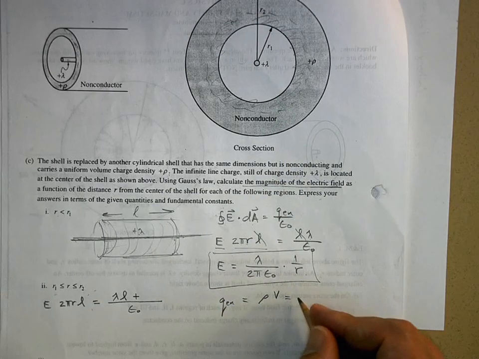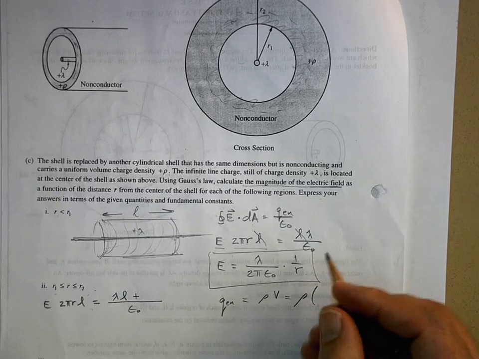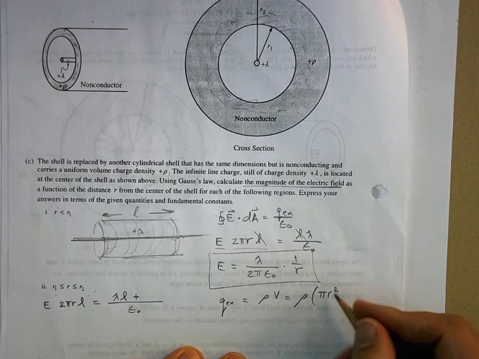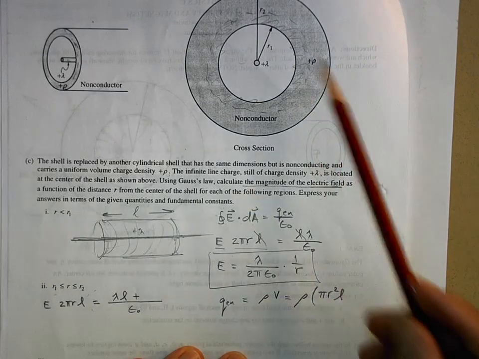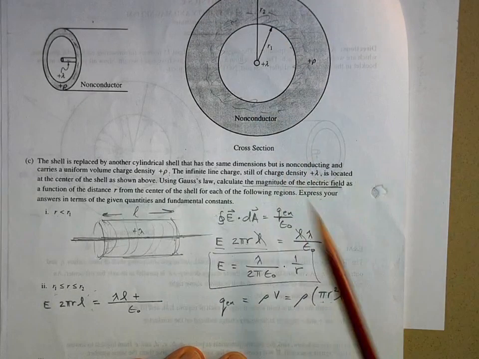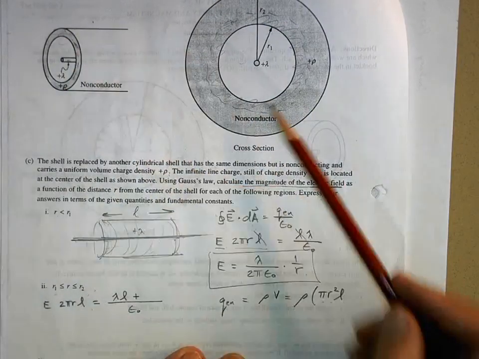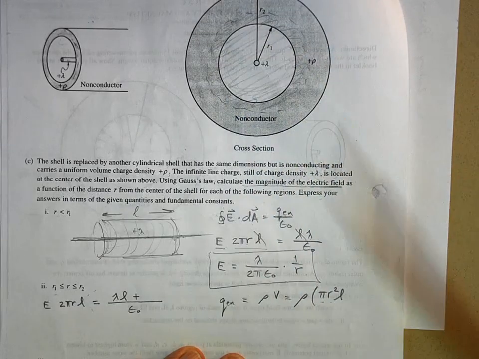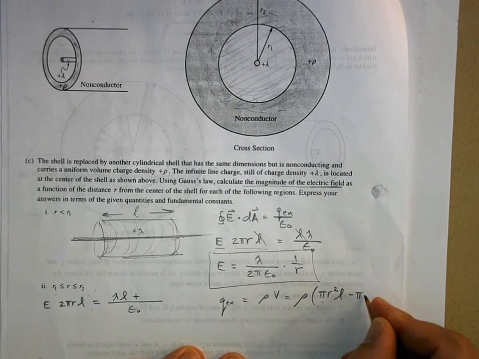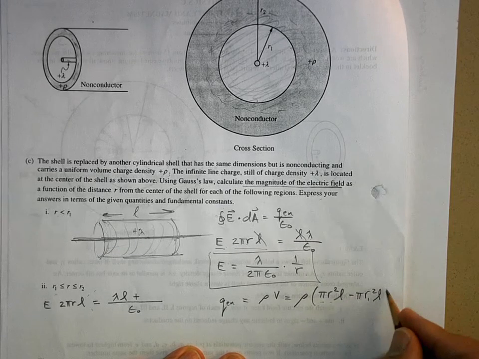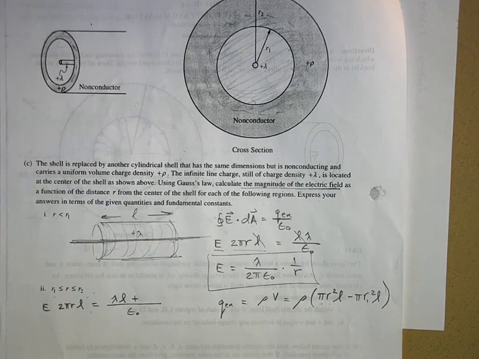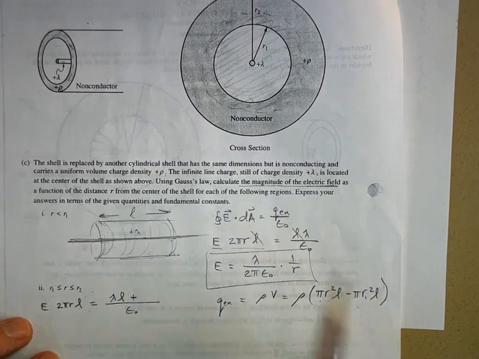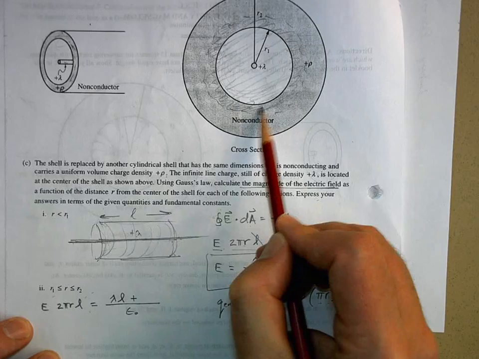So rho, and the volume is going to be pi r squared times L. But if I just use pi r squared times L, that's this whole thing right here. What do you have to subtract from it? The volume of this guy. You have to subtract that, and that's going to be the charge enclosed in this shaded part of this cylinder.